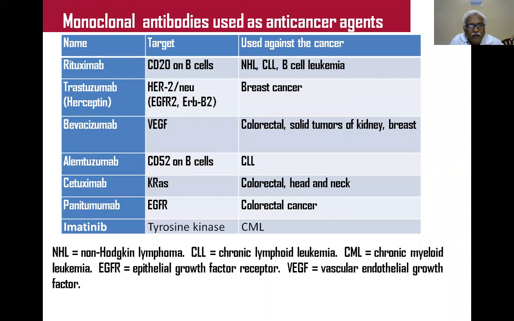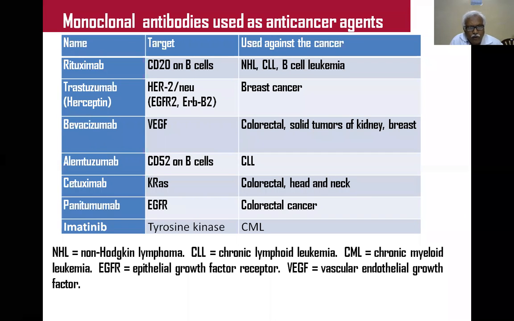So, monoclonal antibodies used as anti-cancer agents: rituximab is targeted for CD20 on B cells. They use it against NHL and CLL and B cell leukemias. And trastuzumab, targeted for HER2/neu, EGFR2, ERB2 breast cancers.